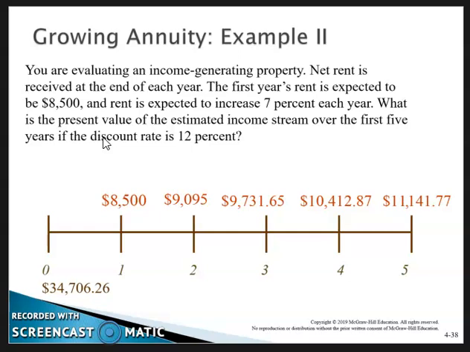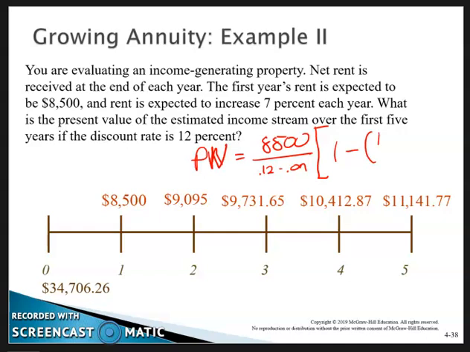So we could calculate this. The easiest way to calculate this would be the present value, that should be PV, is equal to 8,500 divided by 0.12 minus 0.07, and then we multiply that by 1 minus 1.07 divided by 1.12, to the fifth power, for 5 years. That should give us the $34,706.26 as well.